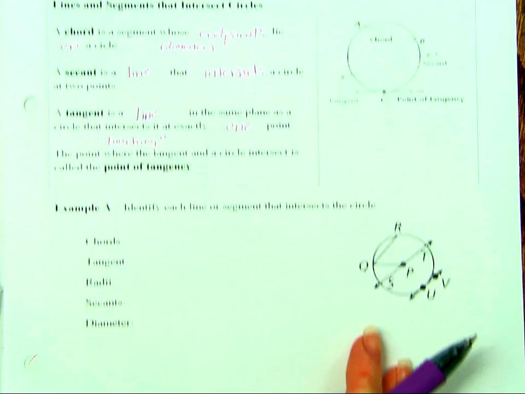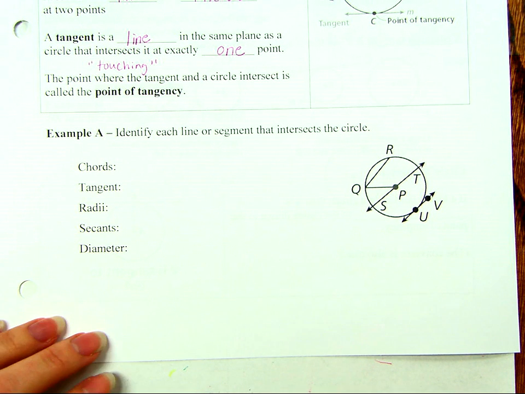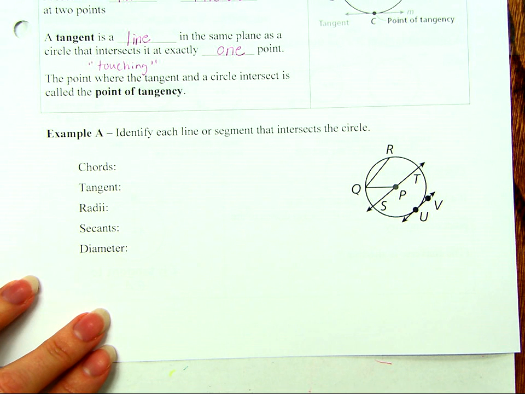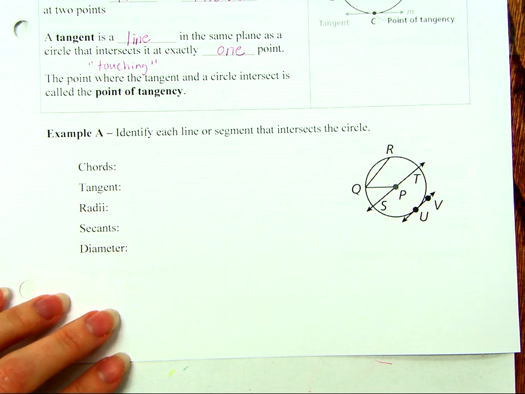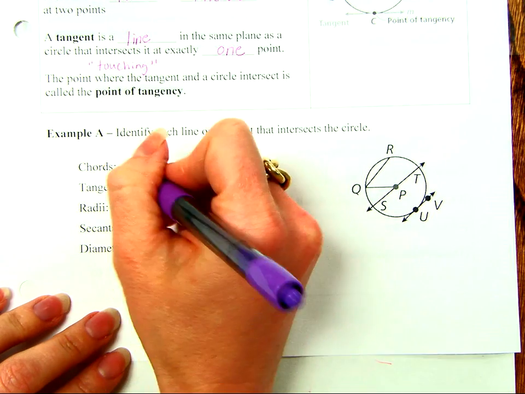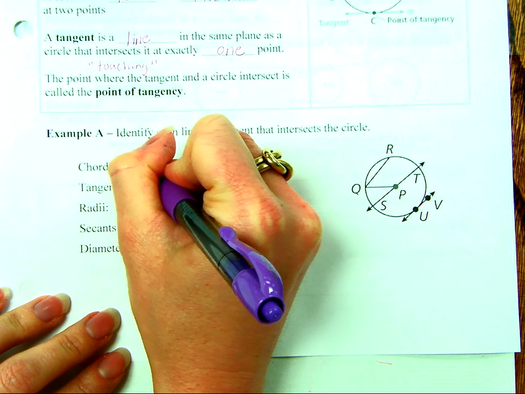So they're going to have you practice identifying some of those things, and you'll know that when you identify a chord or a tangent or a radius, that sometimes there's more than one option. I may not list all of them here today. If I look at my circle P and I'm wanting to identify a chord, I can identify my chord with endpoint on the circle would be segment QR or RQ.